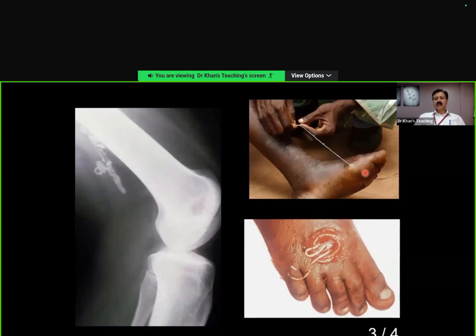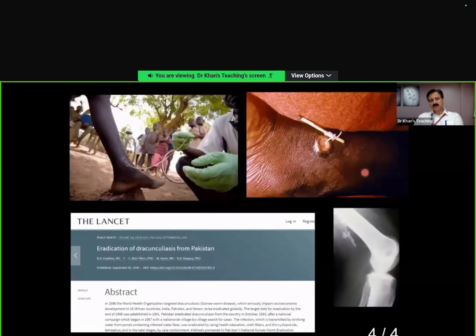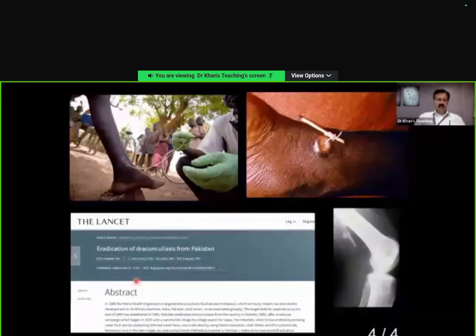And so this is the study which was published in the Lancet in 1995-96. I'm from Pakistan, so I'm talking about Pakistan here because I've seen this disease in Pakistan, in 1988. We have a desert there known as the Thar Desert, and I've seen it myself.